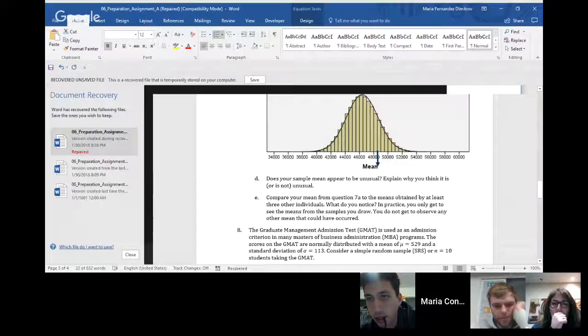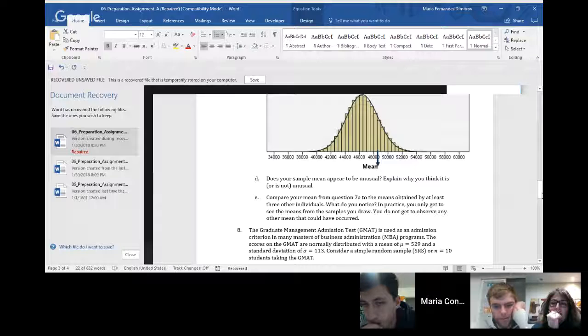Okay, so I think the question's asking, what one are we on right now? Compare your mean from question 7a to the means obtained by at least 3 other individuals. What you notice is that in practice, you only get to see the mean from the sample you draw. You do not get to observe any other mean that could have occurred.